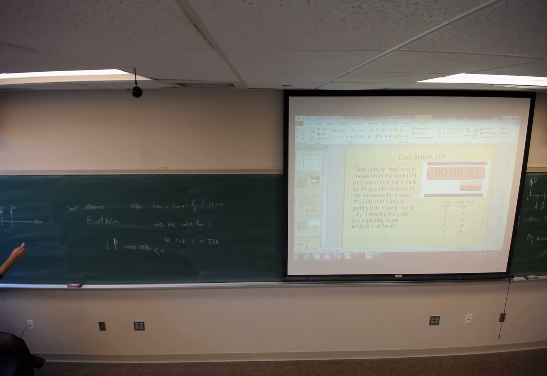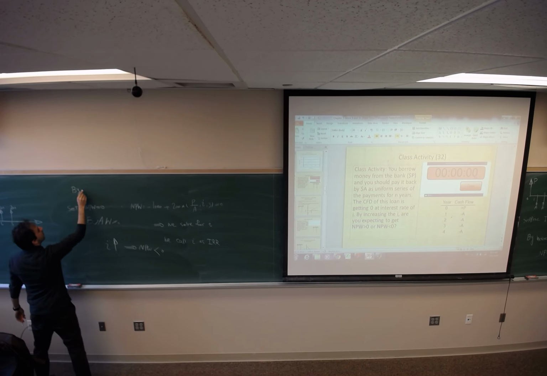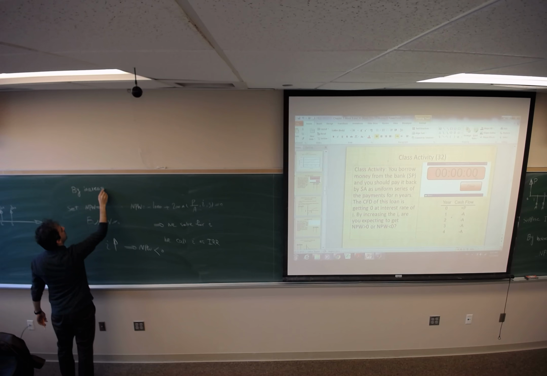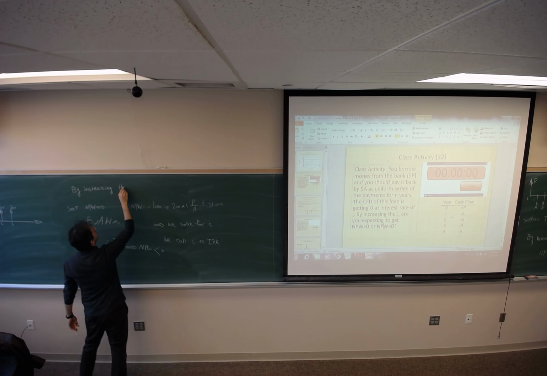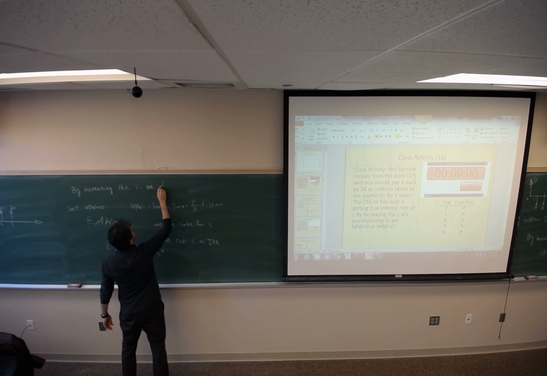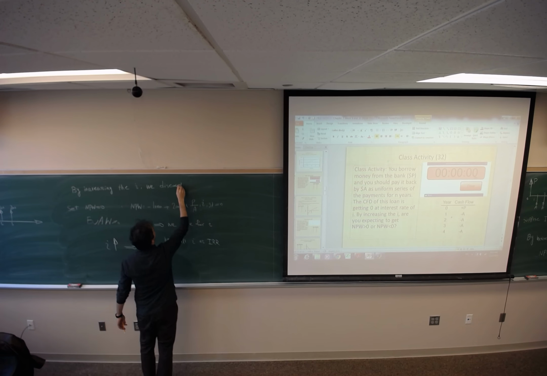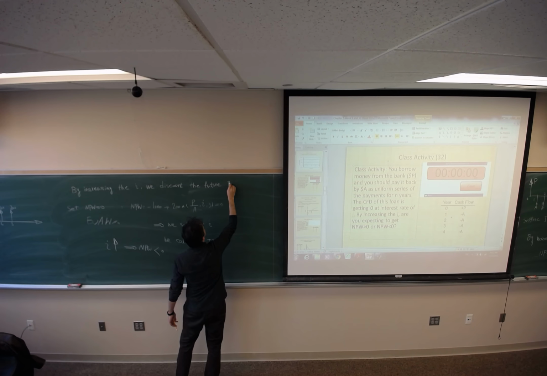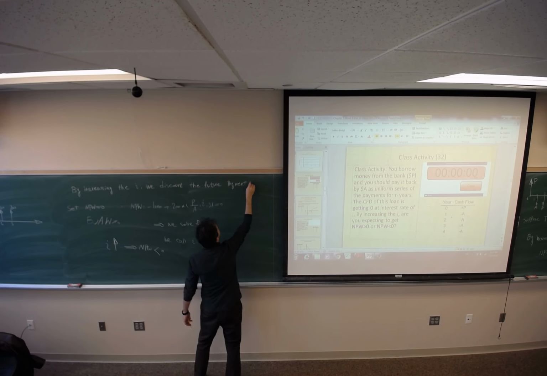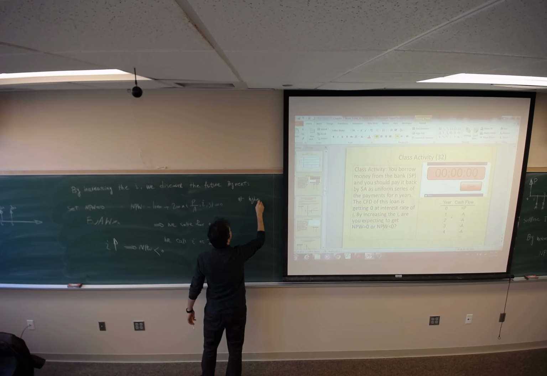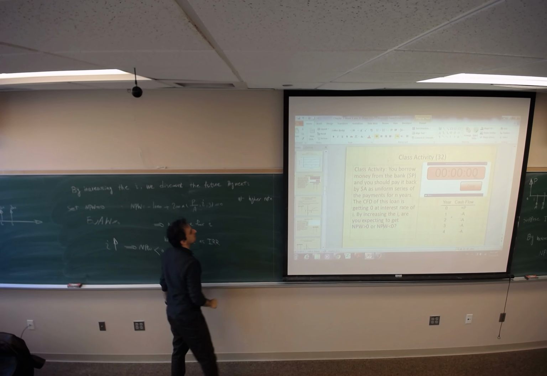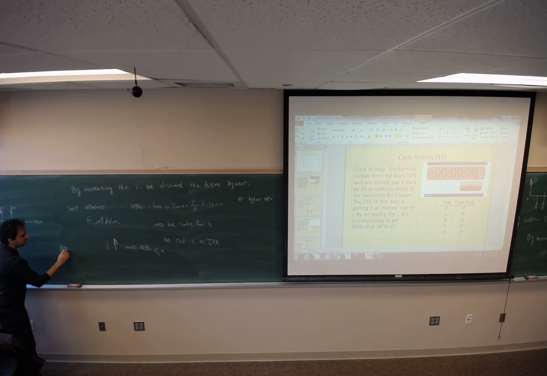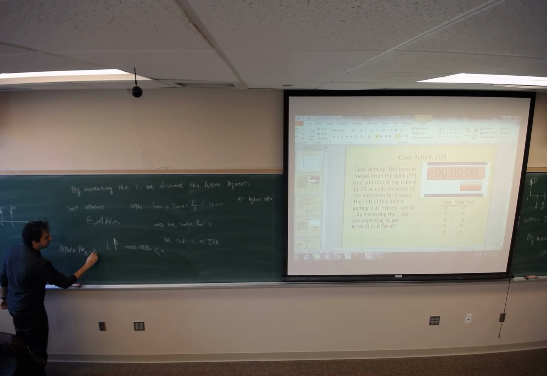So by increasing the I, we discount the future payments at a higher rate. Net present worth is the present worth of the benefit minus the present worth of the cost.